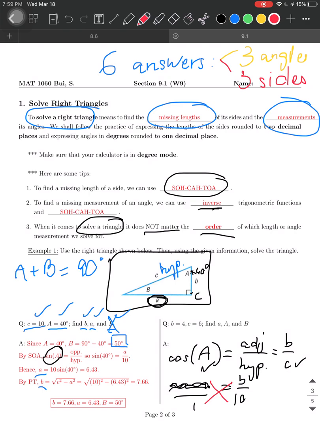That's the second way, compared to the key. In the key, I wanted to go for A, so I just want to find A. The way that I did it is that I solved for A by using the formula of sine. I know that sine equals opposite over hypotenuse. So I know that A equals 40, and I plug it back in here. Hypotenuse is C. C is 10. I put it back in here.